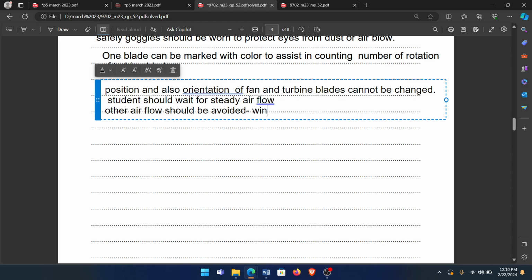windows should be kept closed during the experiment.